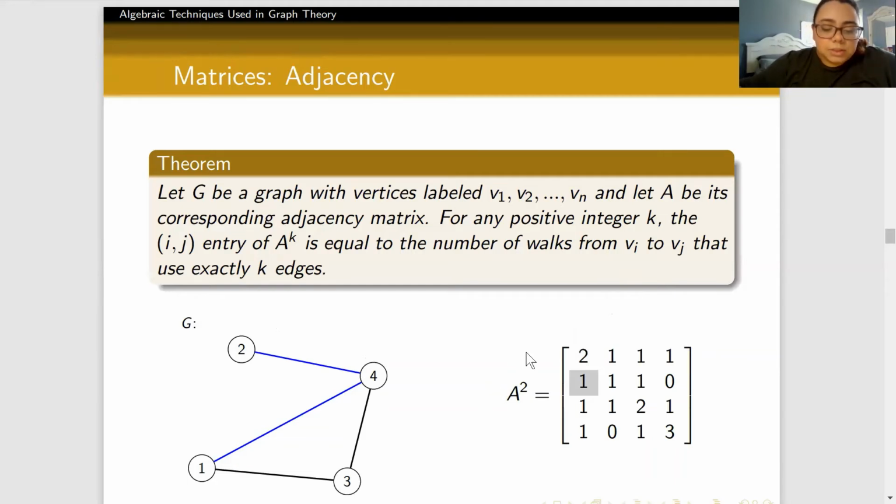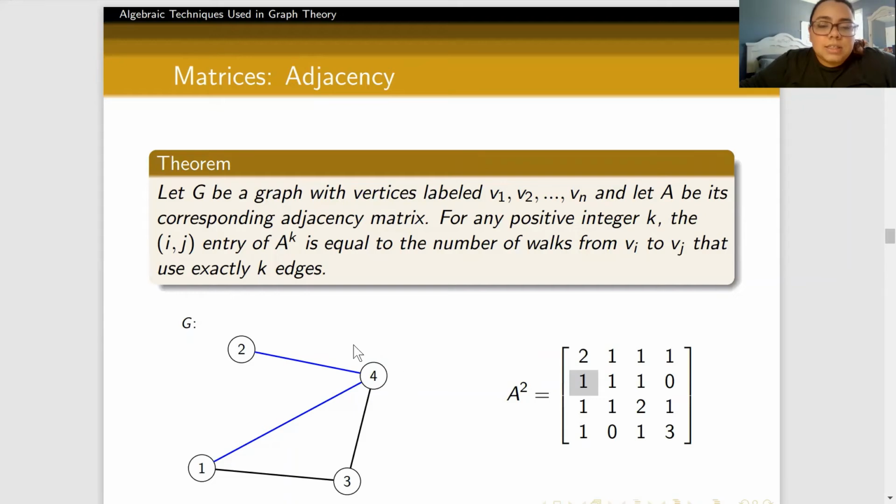So for example, we have A squared. We multiply A by itself. Then the 2, 1 entry, which is highlighted here, of A squared is given by the dot product of the second row of A times the first column of A. And this dot product is basically scanning the neighborhood of vertex 2 and the neighborhood of vertex 1 and seeing if they have anything in common.